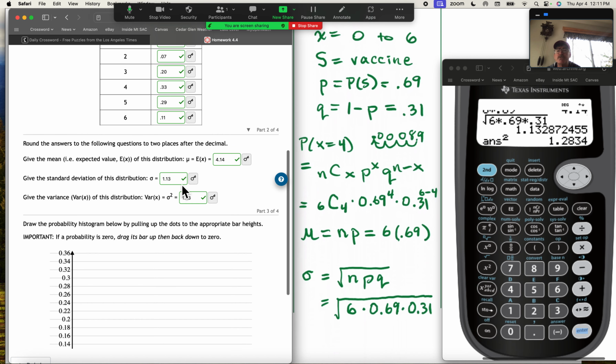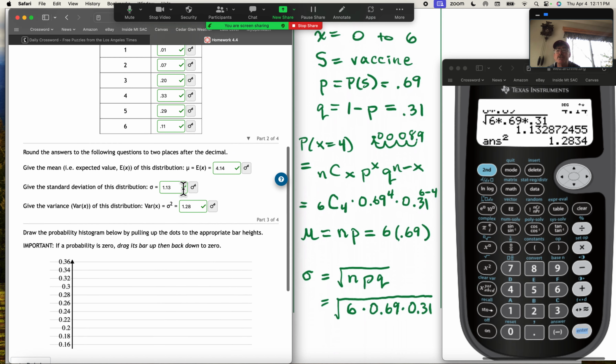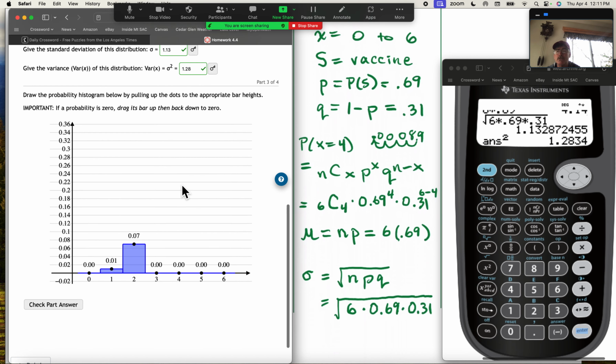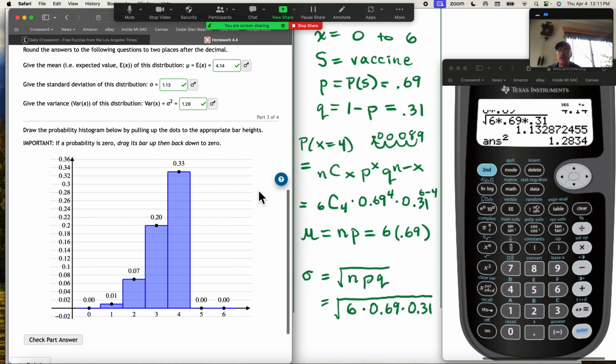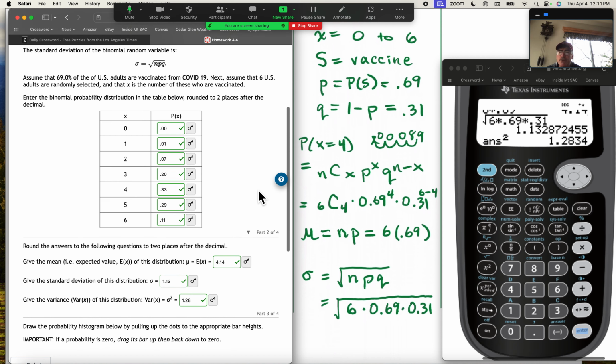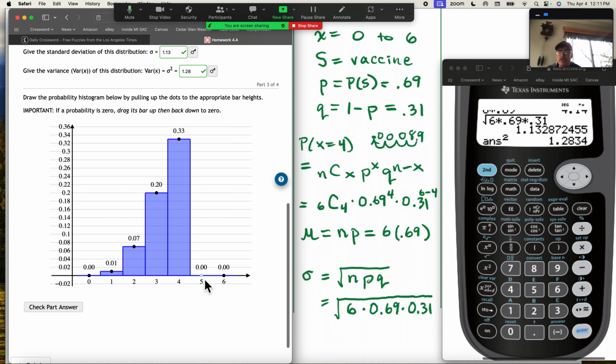The next bar was 20, then 33. Like that. Then we had a 29 and 11. Like that.